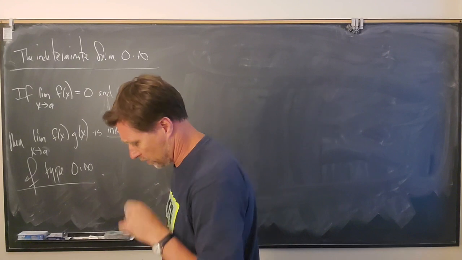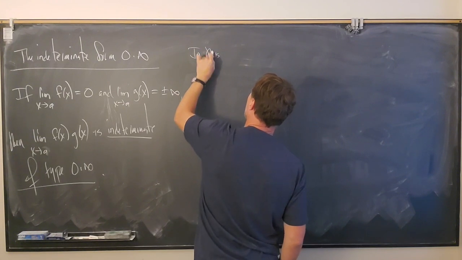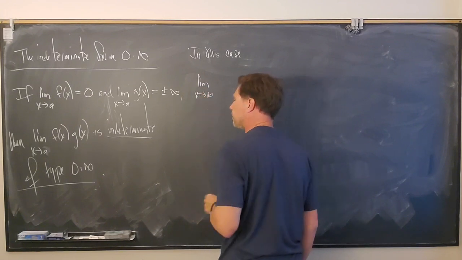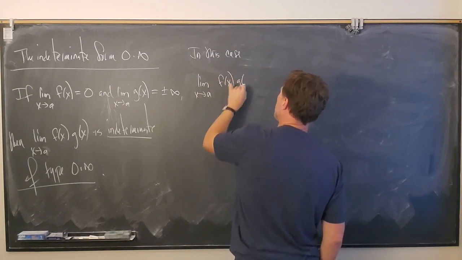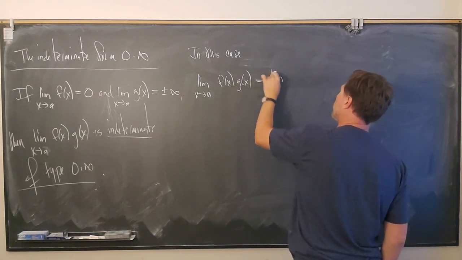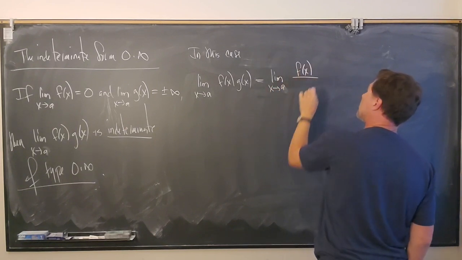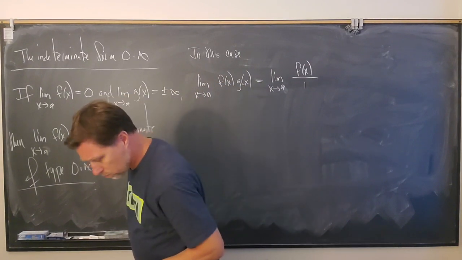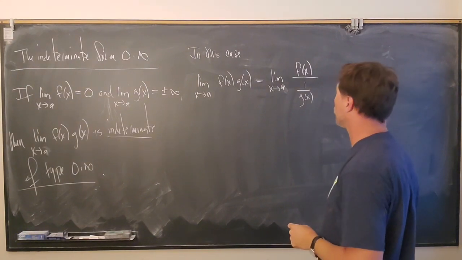Now, here's how you handle this. The limit as x approaches a of f of x times g of x is equal to the limit as x approaches a of f of x divided by 1 over g of x.